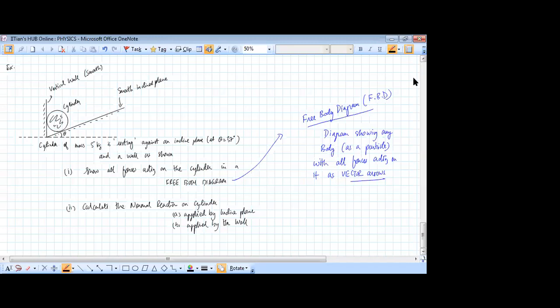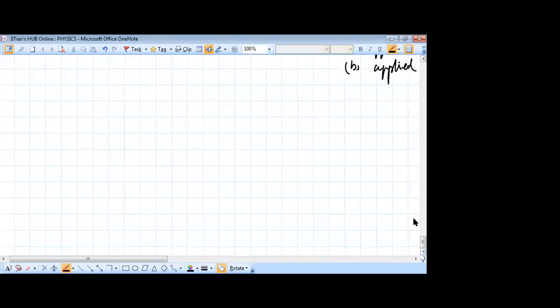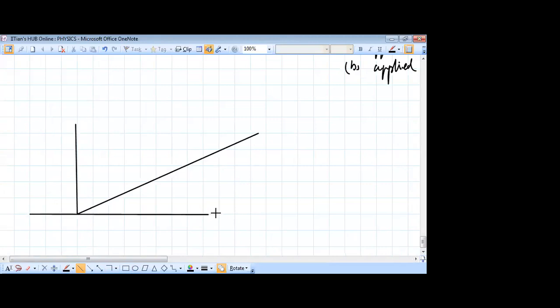Okay, so let us look at the free body diagram to begin with. What we have to understand very carefully here is the angles at which the various forces will be acting.